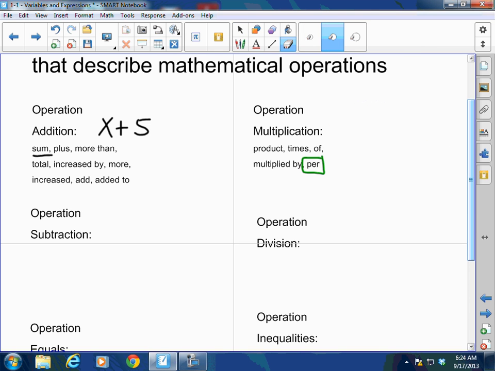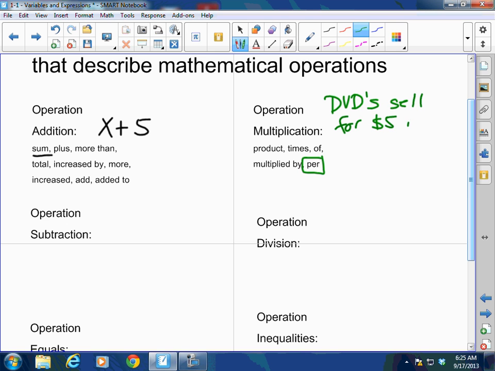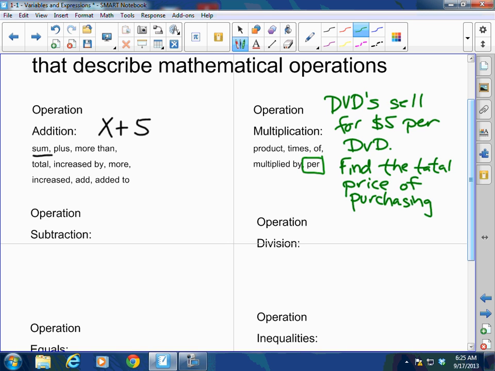For example, if I tell you DVDs sell for $5 per DVD, and I tell you find the total price of purchasing 8 DVDs.